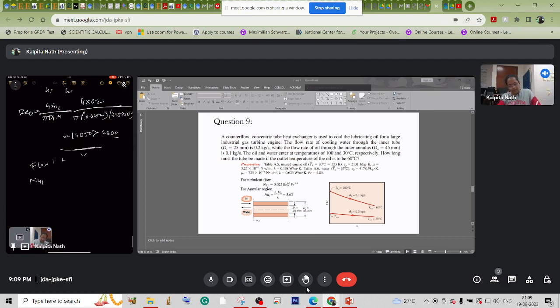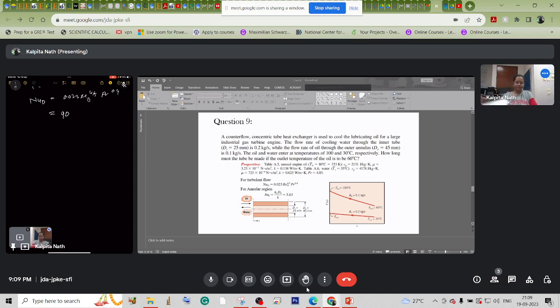The Nusselt number is given as 0.023 Re to the power 4/5 Pr to the power 0.4, and we have to find H. This comes out to be 90, you can calculate that later on. H inner is equal to Nusselt number times K by Di, which is 90 into 0.625 upon 0.025 meter. So this will come out to be 2250.